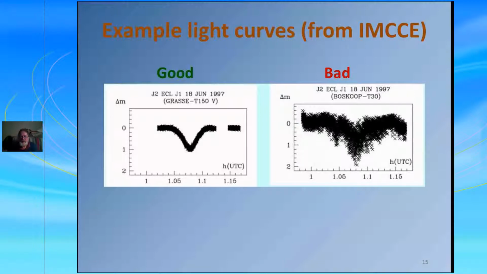The right-hand one is of the same event, but a different observer, different setup. The left one's a pretty good event. The right-hand one, pretty crappy, really, in terms of what you can get out of it. Next slide.